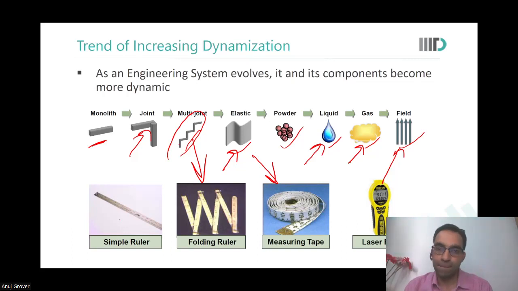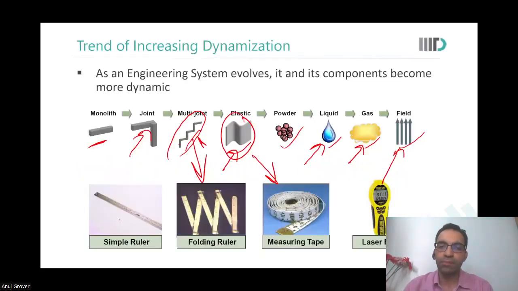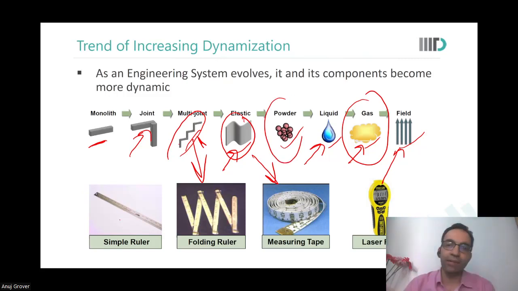And do you also realize that probably the hammock arrived before this multi-joint bed came, or the inflatable gas bed came before the water bed came? We still do not know about a powder bed yet.